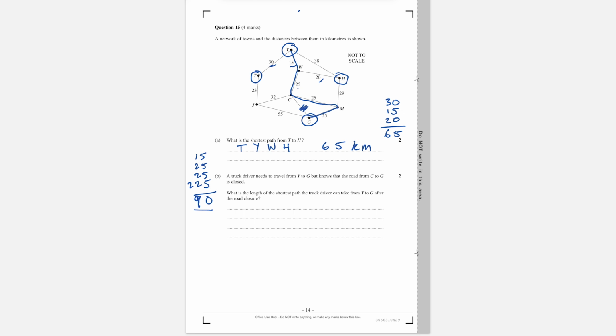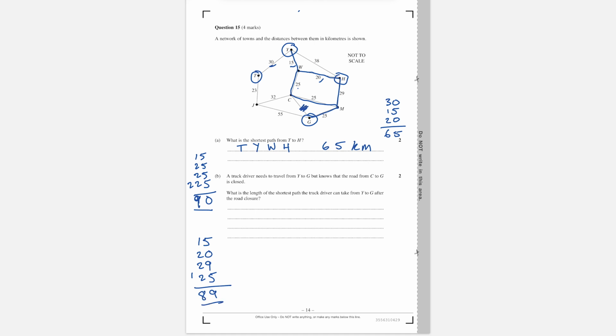But when we get to W, we could actually choose to go this way instead. We could go WH and then HM and then MG. So adding up those numbers, let's see if we actually get a shorter path. That would be 15 plus 20 plus 29 plus 25, which is 89.